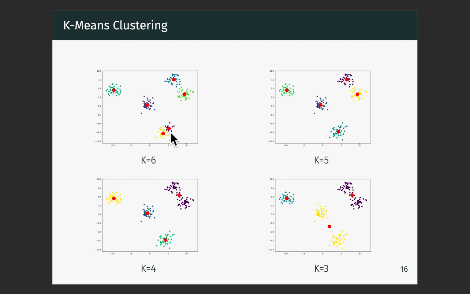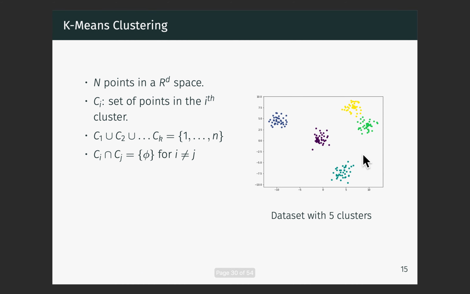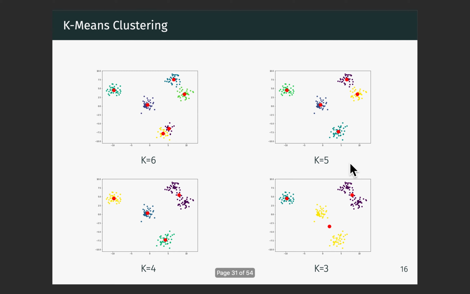So you see that this particular cluster, which you would usually expect to be one cluster, since you've said that you want to do clustering with 6 clusters, breaks into 2 clusters. With k equal to 5, you get a fairly good clustering. With k equal to 4, 2 of these clusters get combined and are learned as one cluster. With k equal to 3, again, there'll be even more grouping of clusters.